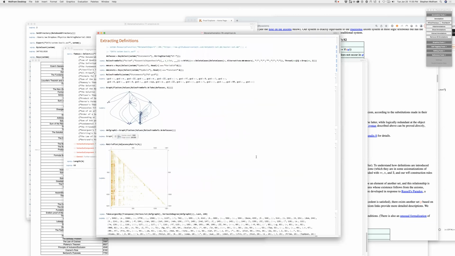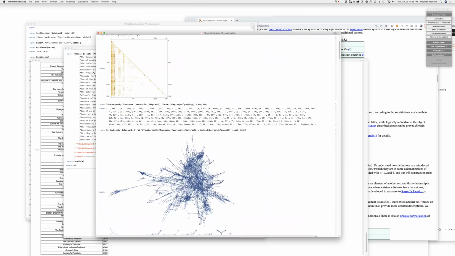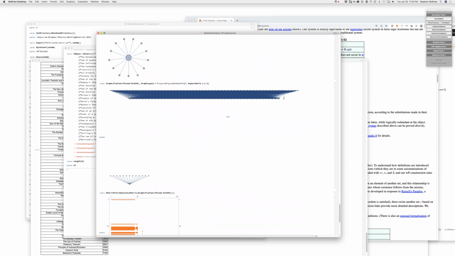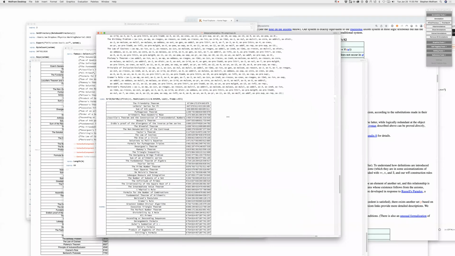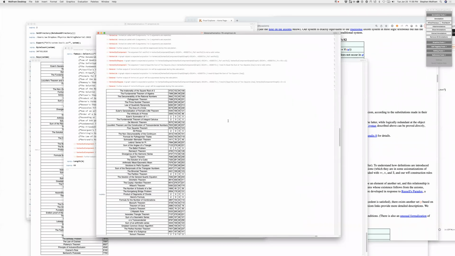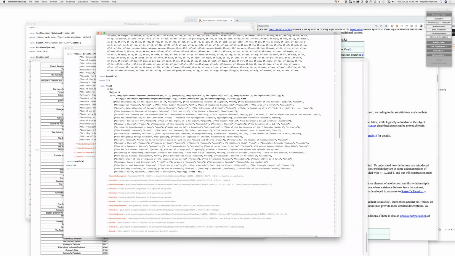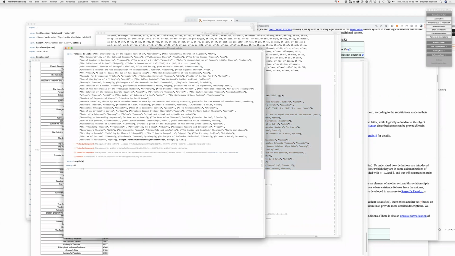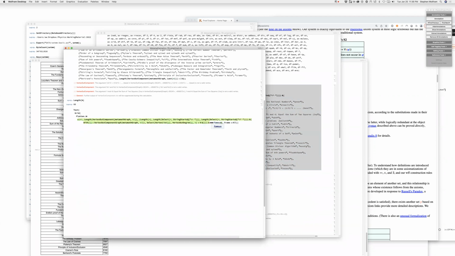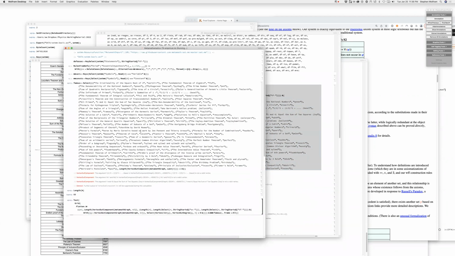Okay, so now let's go through, and what we were doing here was, for each theorem, let's just generate this again. We were trying to get, okay, what are we getting here?